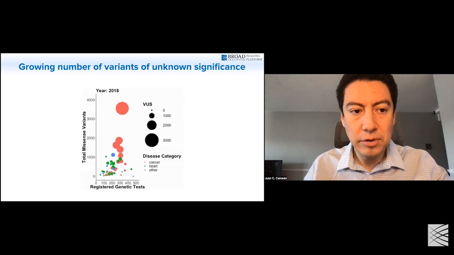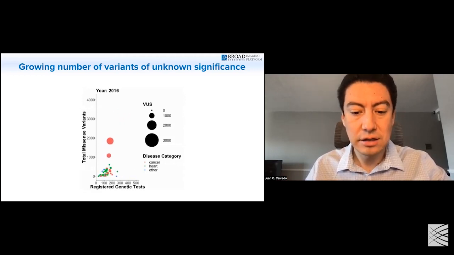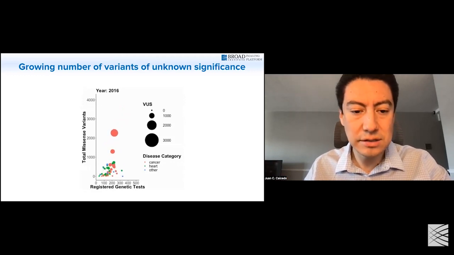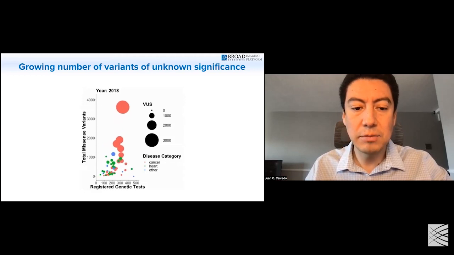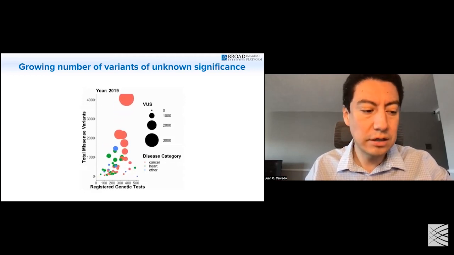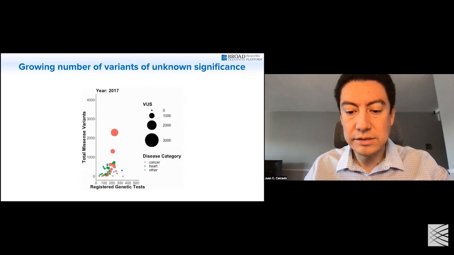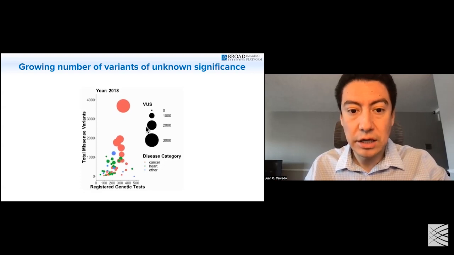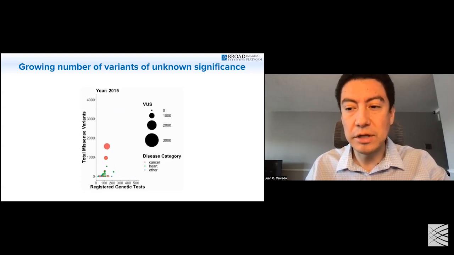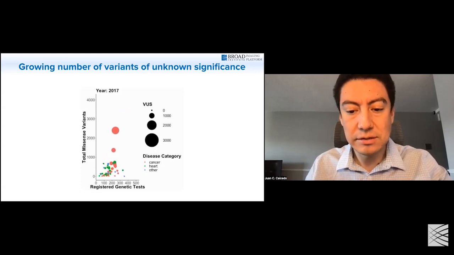And as you probably know, there is a growing number of variants of unknown significance being reported every year. These statistics are from before the pandemic. The number of variants that are identified in sequencing samples is growing exponentially. And this is something that we would like to understand better in order to design treatments.